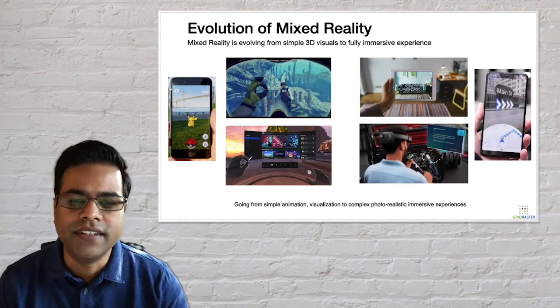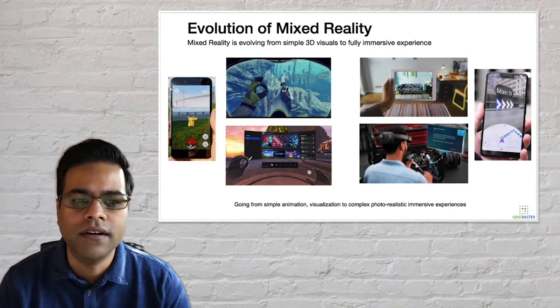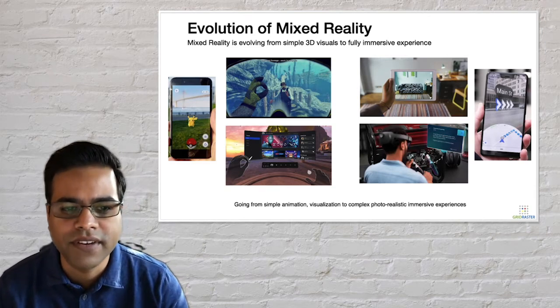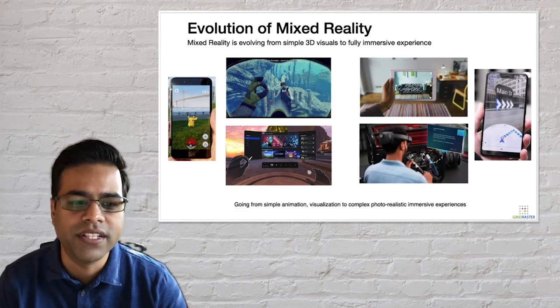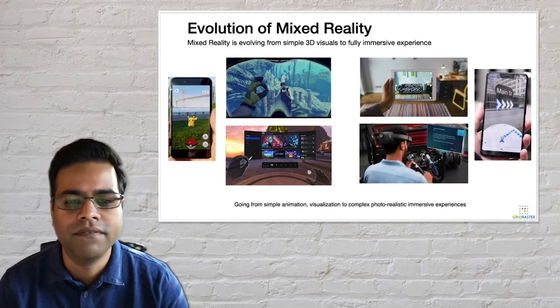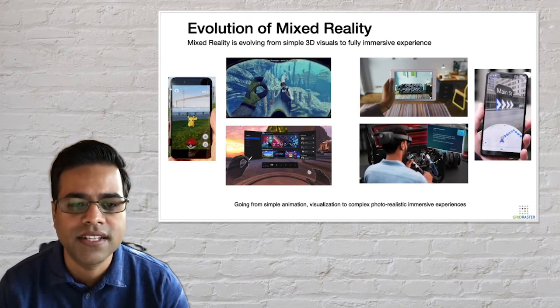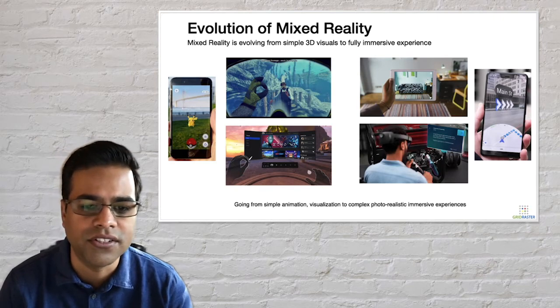Over the years, we have seen different use cases of VR and MR using mobile devices. Here on the left, we see, for example, the Pokemon Go video game, which is fairly popular, running on mobile devices. You have some video games running on VR headsets like the Oculus Quest and Oculus Rift.